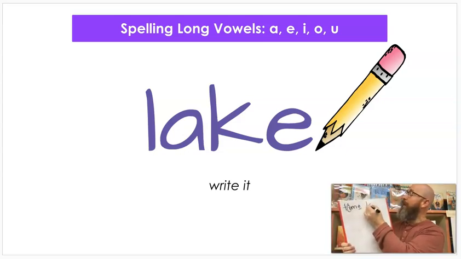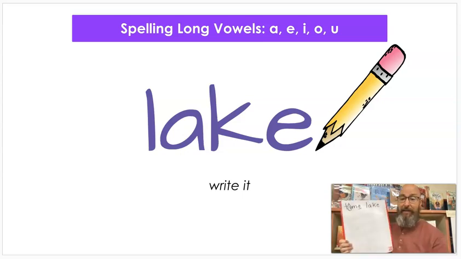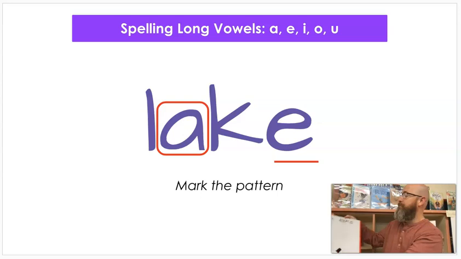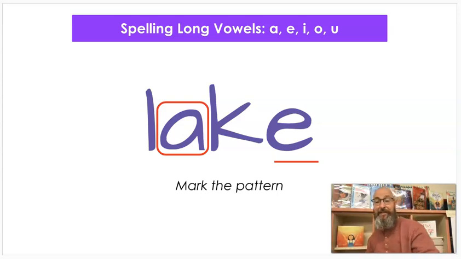L, A, K, E, lake. What's the long vowel sound? A, that's right. So circle that A and underline that bossy E. When you see that bossy E, you know that vowel is going to say its name.